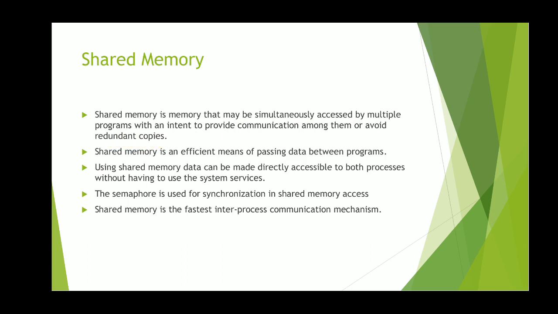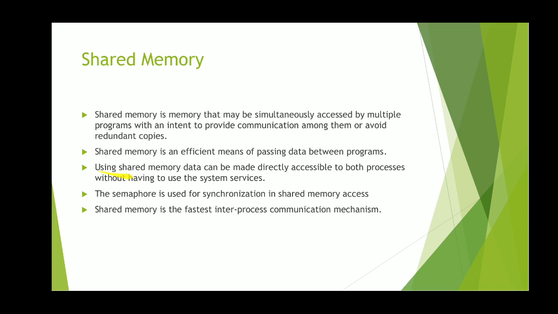In comparison to other types of interprocess communication such as signals, sockets, pipes, etc., shared memory is an efficient means of passing data between programs. Since it uses a shared block of memory for communication, it doesn't need to use system services for establishing the interprocess communication. So it is more efficient than all other types of interprocess communication.